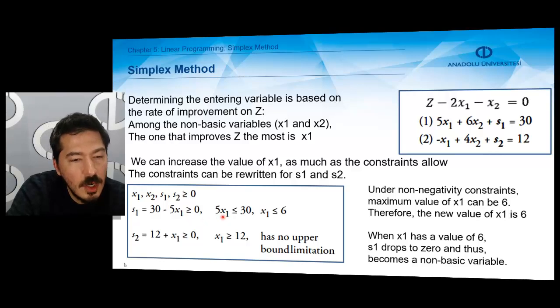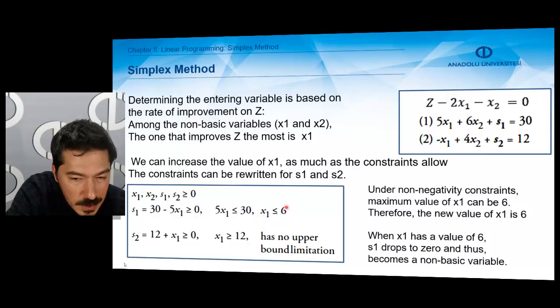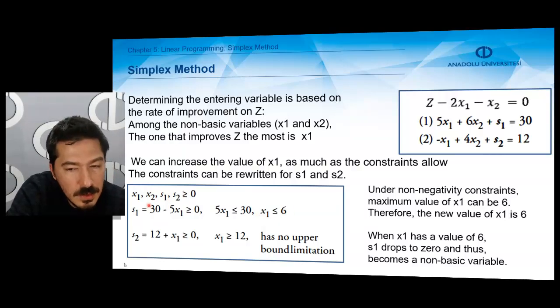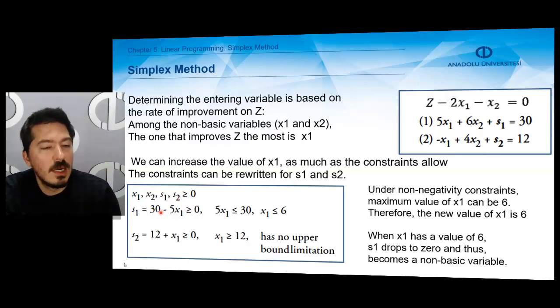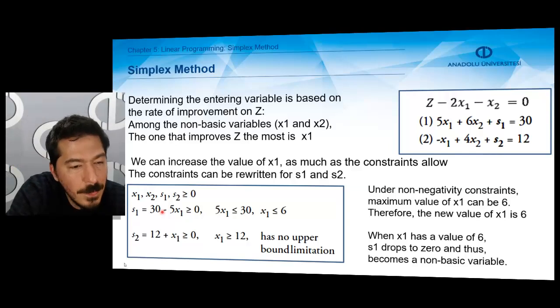From here, we obtain 5 times x1 is less than or equal to 30, and therefore x1 is less than or equal to 6. Under the non-negativity constraints, the maximum value of x1 can be 6. Therefore, the new value of x1 is 6. When x1 has a value of 6, s1 drops to 0, thus becomes a non-basic variable, as we know that the variables that have a 0 value are the non-basic variables.